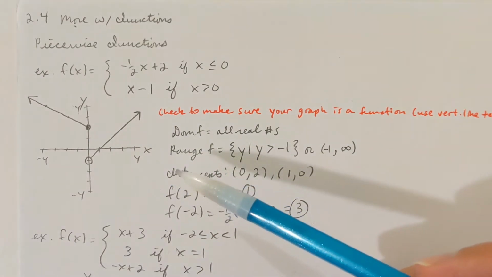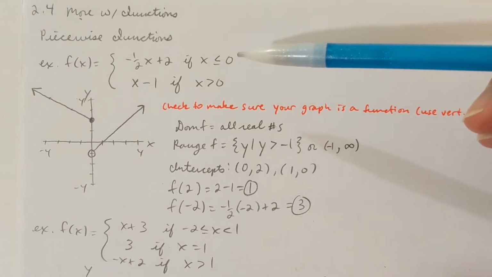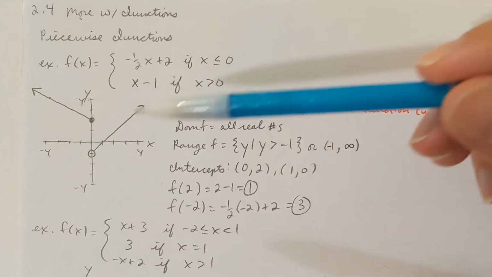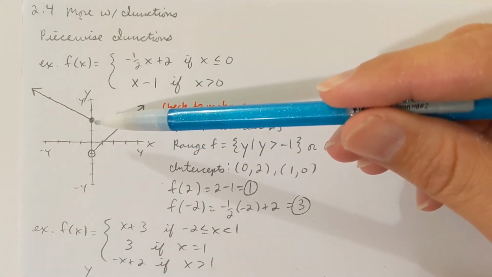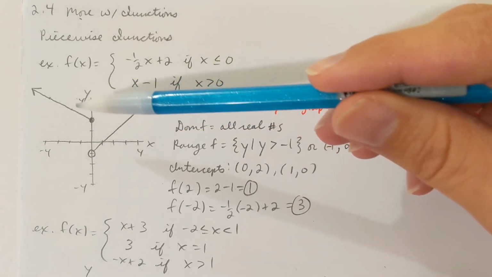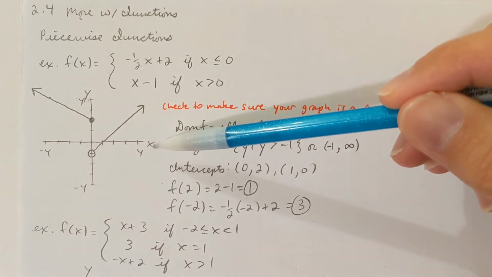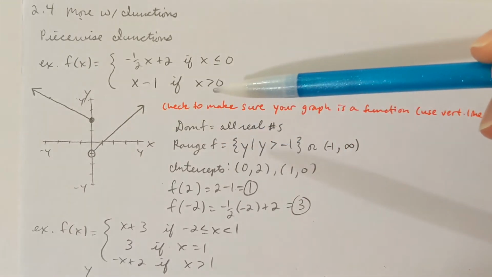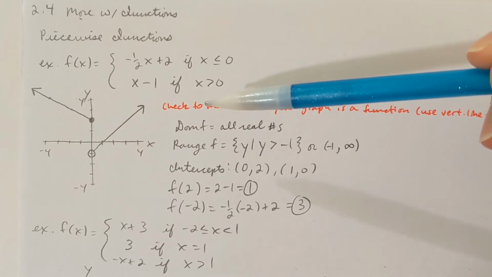And now I only want to keep the part of the line if x is less than or equal to 0. So here I'm at 0. When I come up to that line that I drew, anything that is 0 or less is kept. Anything that is bigger than 0 would be erased. Okay, and piece 1 is now done.